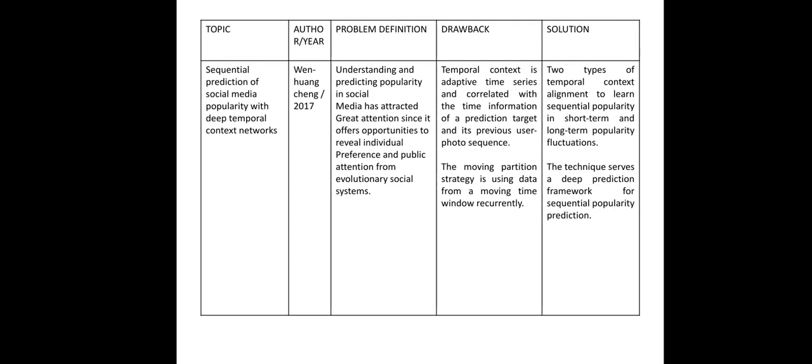Solution. Two types of temporal context alignment to learn sequential popularity in short time and long-term popularity fluctuation. The technique serves as a popularity prediction framework for sequential popularity prediction.